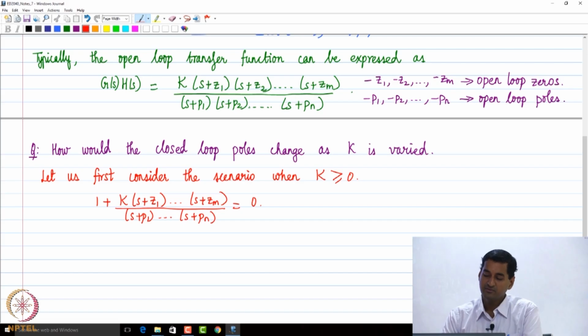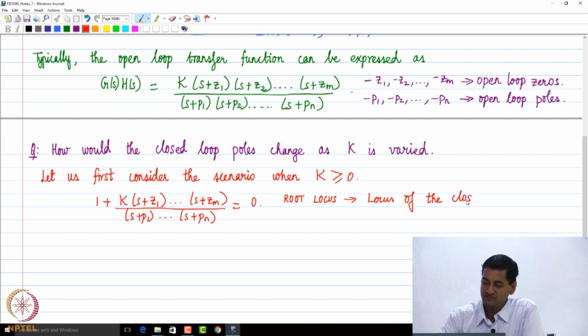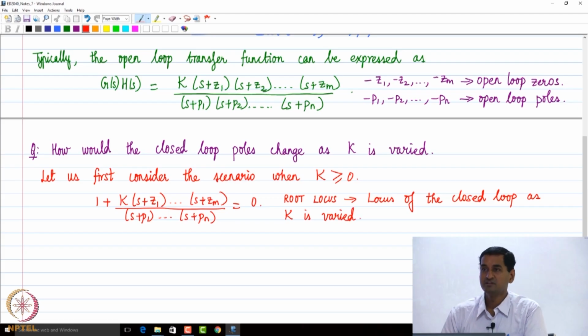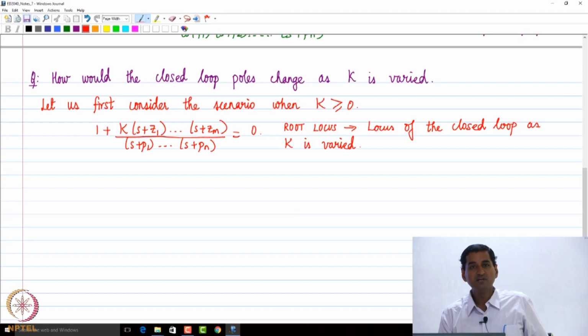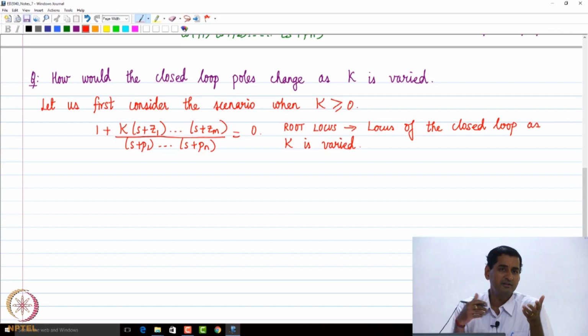Now the root locus plot essentially gives us the locus of the closed loop poles as K is varied, right? So that is essentially the purpose of the root locus plot. Okay, so we are going to learn how to construct the root locus. Of course, in this exercise, I have already provided you with a handout.